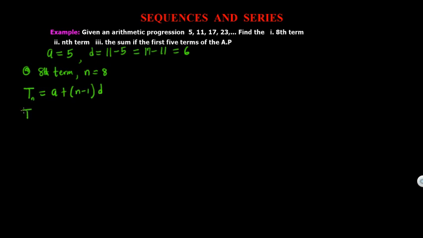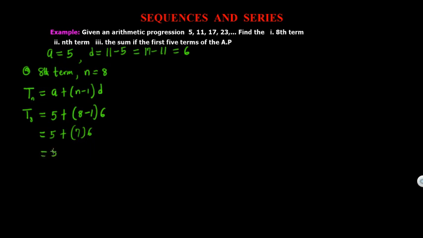So here we have the 8th term, T subscript 8, equals A, the first term, 5, plus n, that's our 8, minus 1, multiplied by 6. This gives us 5 plus 7 multiplied by 6.